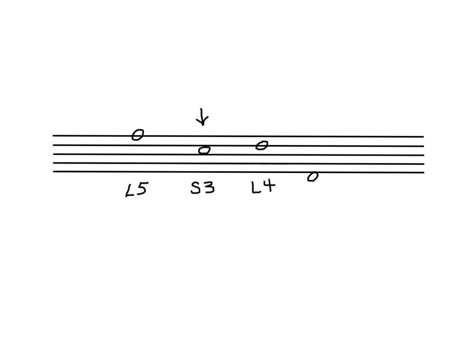And is it higher or lower than the note before? It is higher. And finally, the last note. Do you remember what this note is called? Hopefully you remember that it's called the space below the staff. And is this note higher or lower than the note before it? It is a lot lower. Good job.